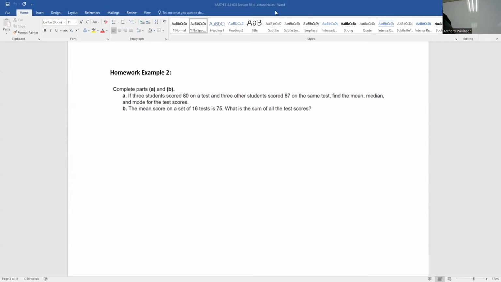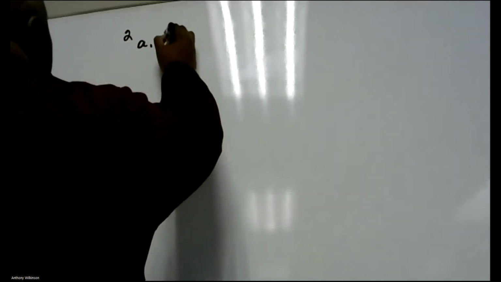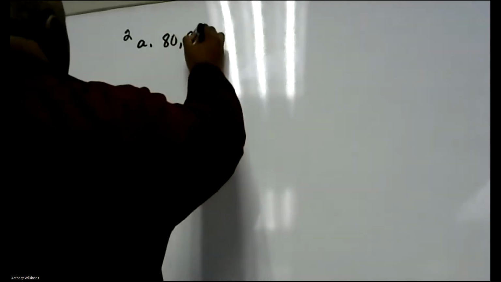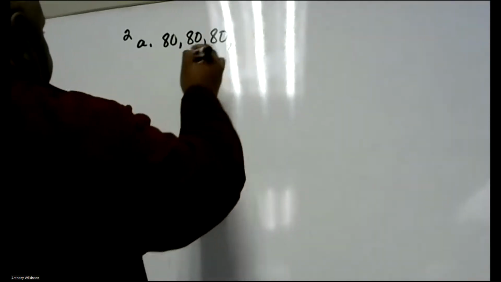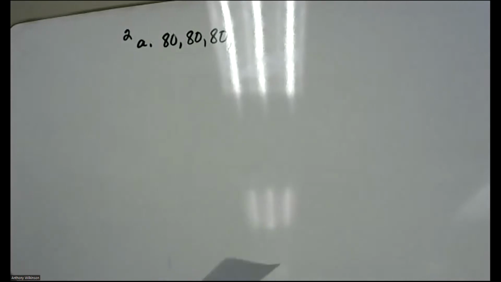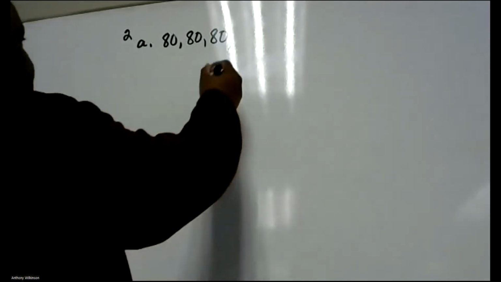Okay, so three students scored 80 on a test. So I'm going to write this out as 80 written 3 times because three students scored 80 on the test. The other 3 scored 87 on that same test.